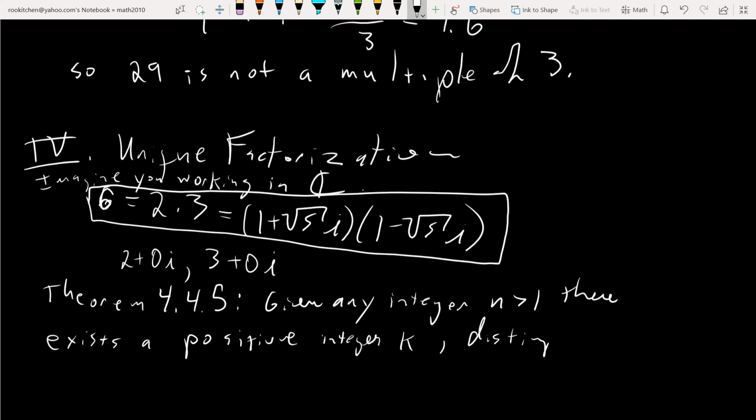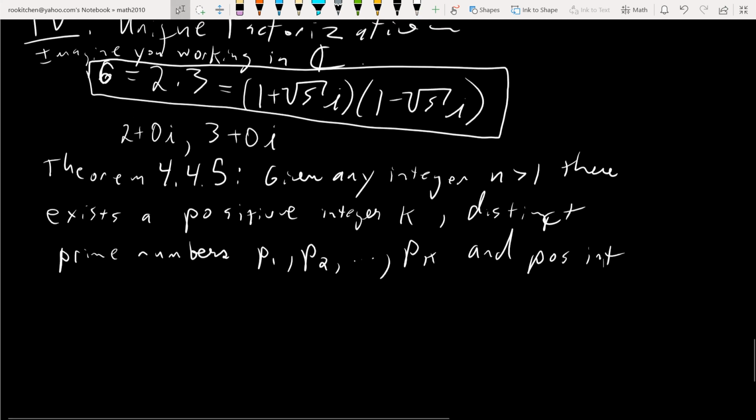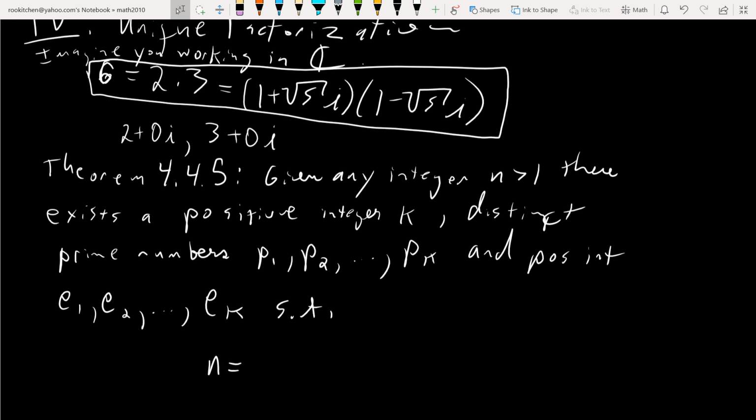distinct prime numbers p sub 1, p sub 2, dot dot dot, all the way up to p sub k, and also positive integers e sub 1, e sub 2, dot dot dot, all the way up to e sub k, such that we can rewrite n as p sub 1 to the e sub 1, p sub 2 to the e sub 2, all the way up to p sub k to the e sub k.